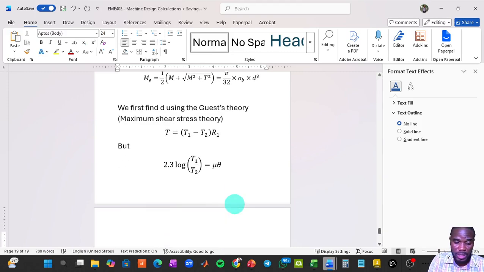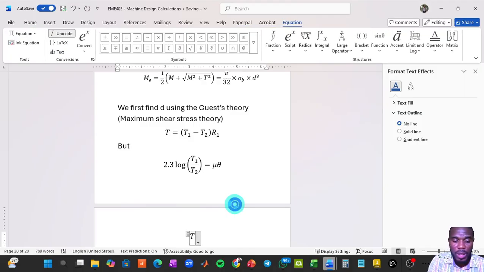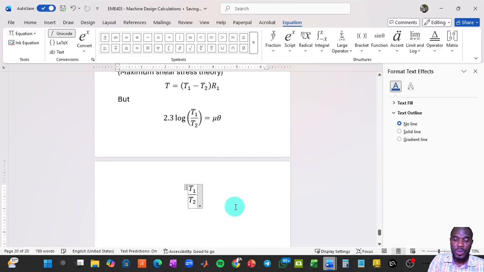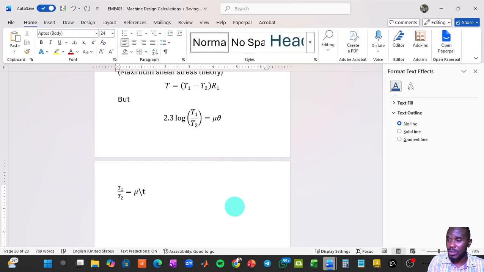So what I'm saying is this, that I will end up having T1 over T2 equals mu times theta divided by 2.3.